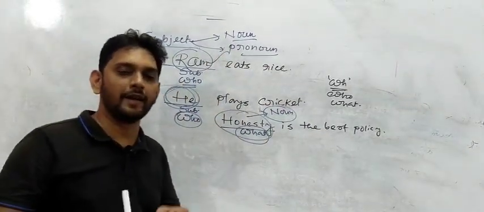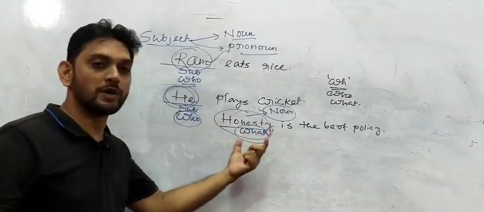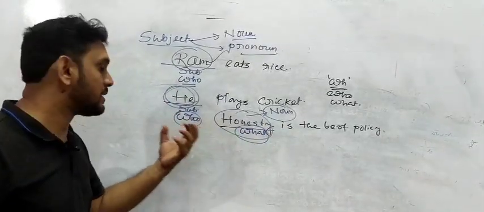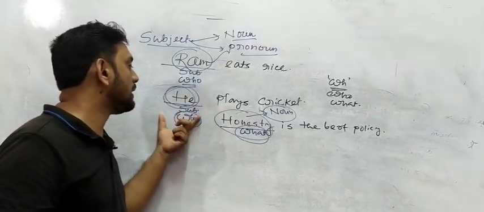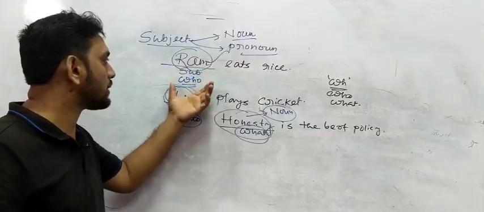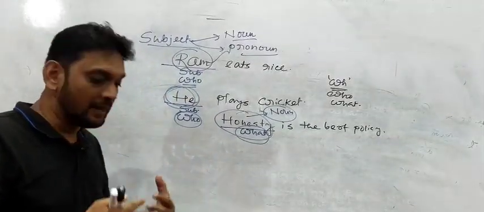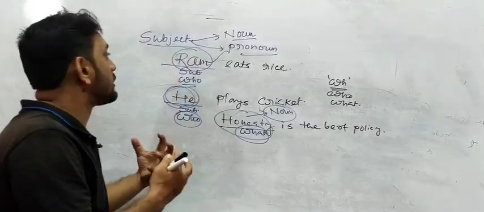So I can define it now. Here we are talking about honesty: what is the best policy? Yes, honesty is the best policy. Here we are talking about he. Here we are talking about Ram. Yes or no? So what you are talking about in a sentence is called the subject of the sentence.